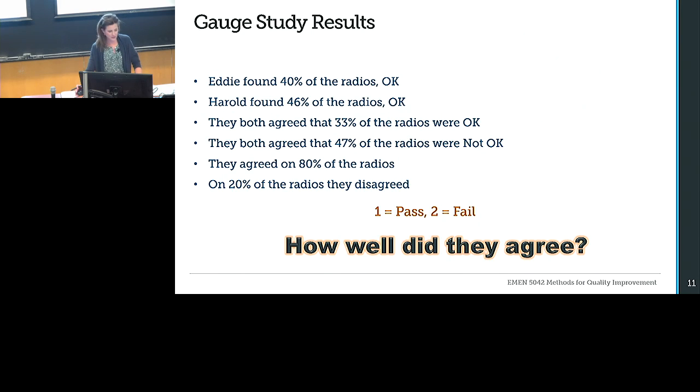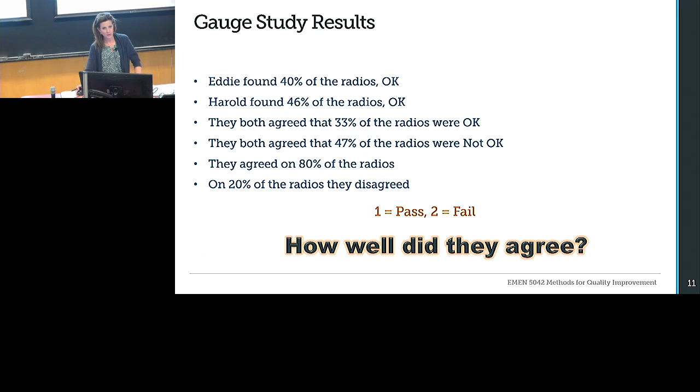So here are the gauge study results. You ready? Eddie found 40% of the radios to be okay. Harold found 46% of the radios to be okay. They both agreed that 30% of the radios were okay. They both agreed that 47% of the radios were not okay. They agreed on 80% of the radios, and on 20% they disagreed.